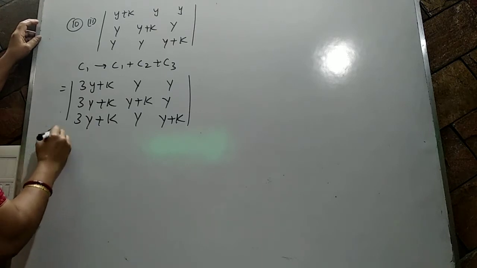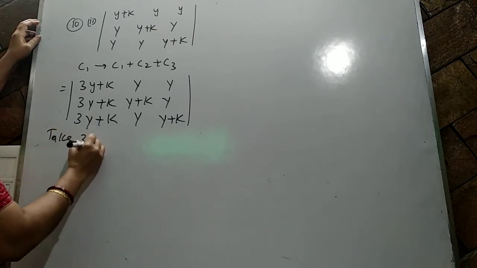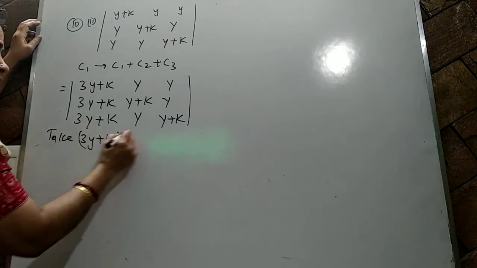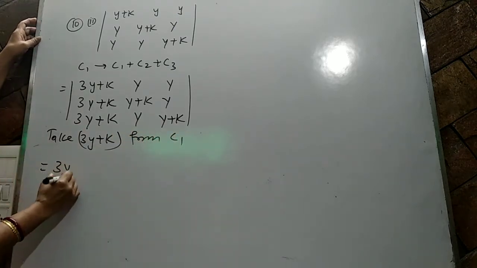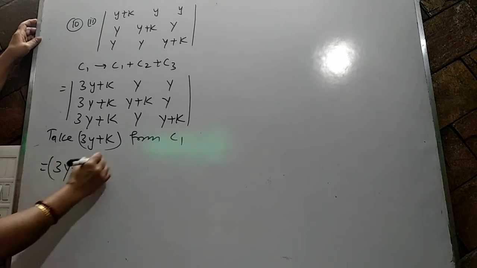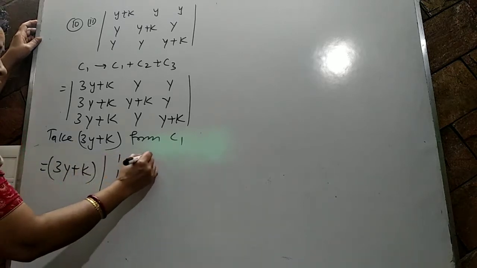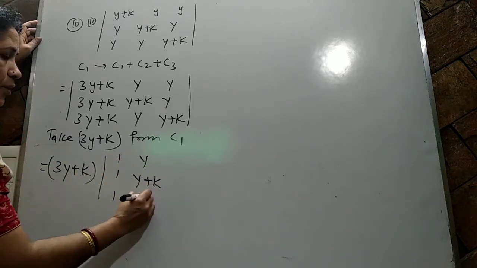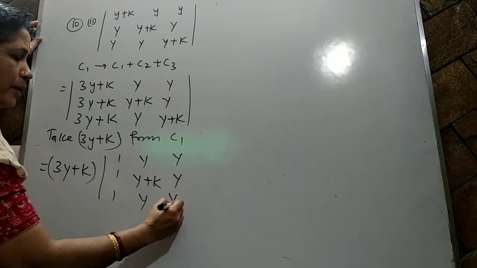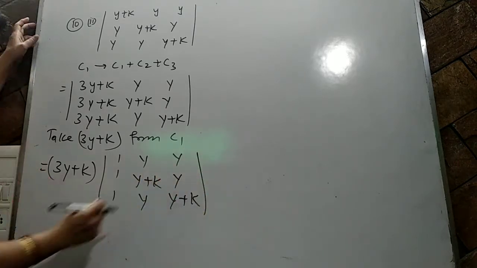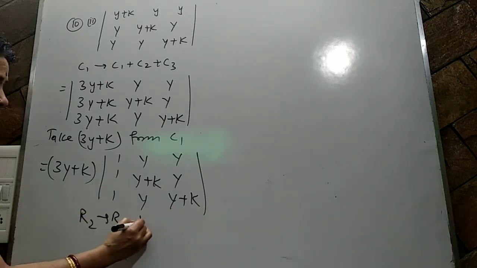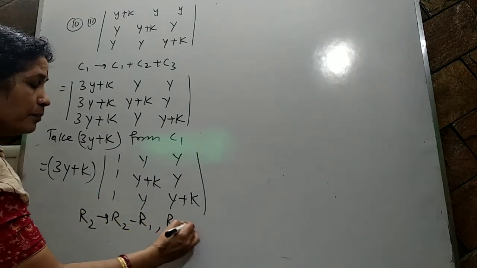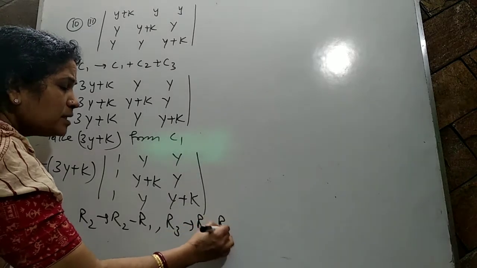Taking 3y plus k from C1, that is equal to 3y plus k into the determinant with 1 1 1, y plus k, y plus k. Now easily you can make it 0. R2 can be written as R2 minus R1 and R3 as R3 minus R1.